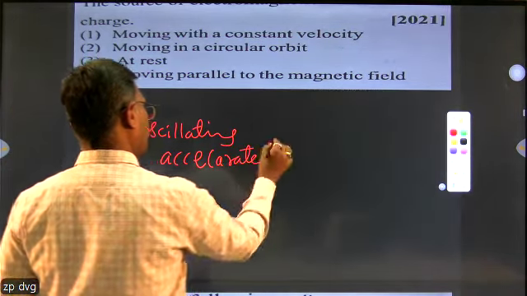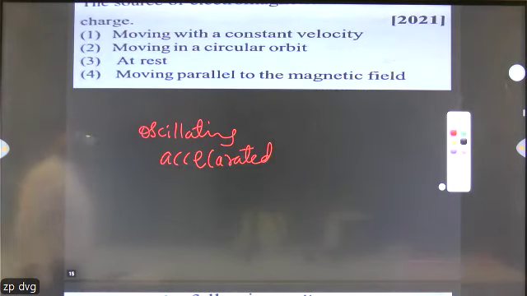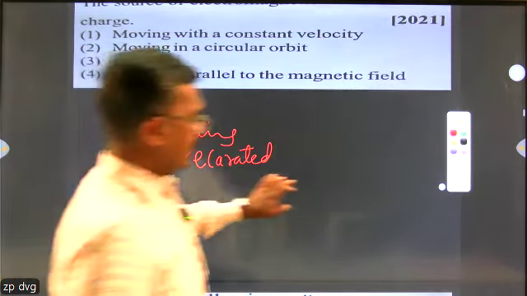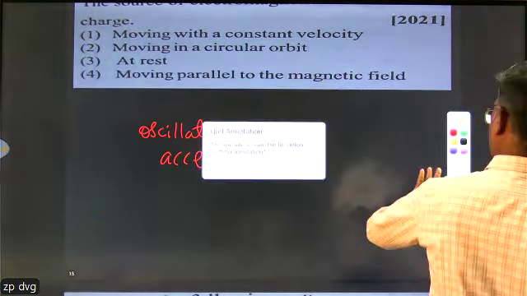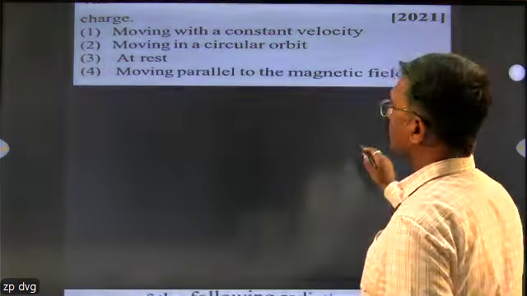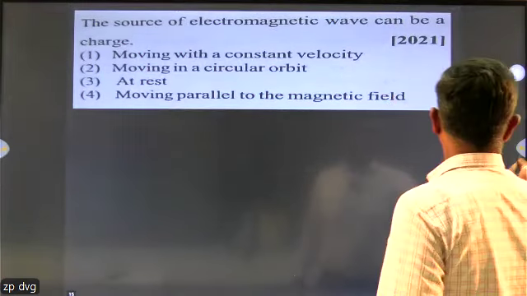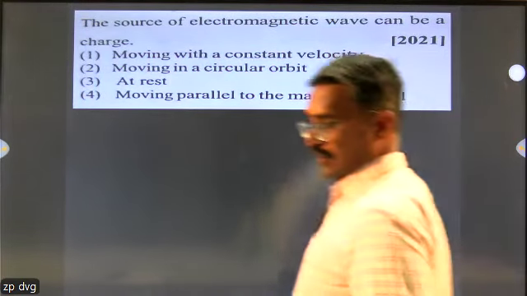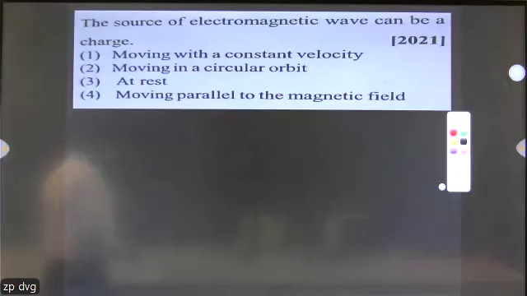Accelerated charges are the main source of electromagnetic waves. So what is the question? Which of the following is the source of electromagnetic wave?